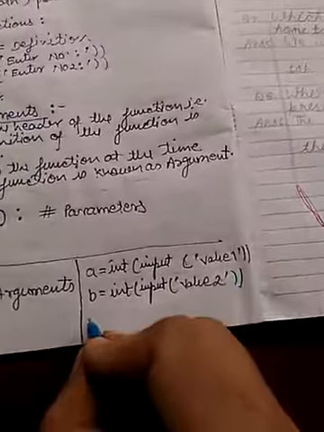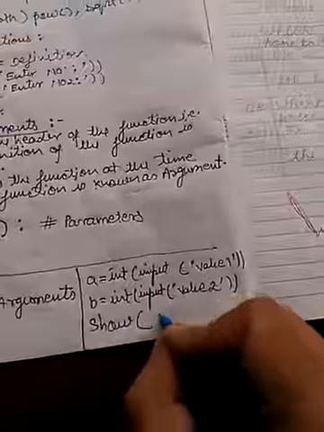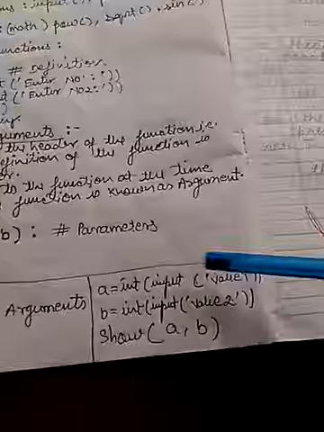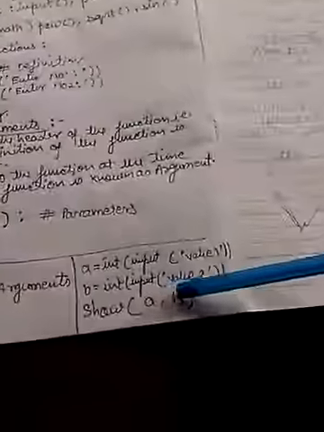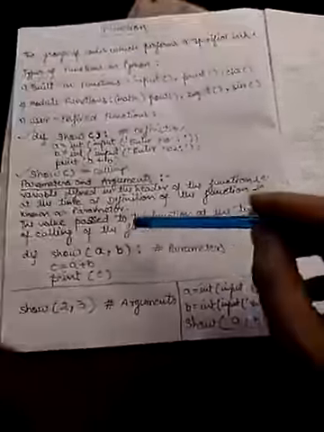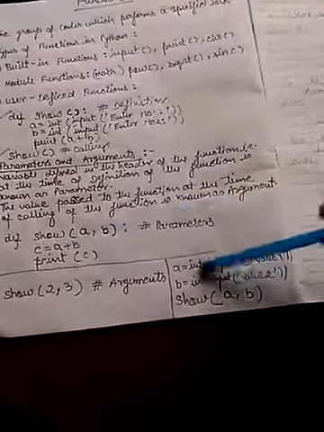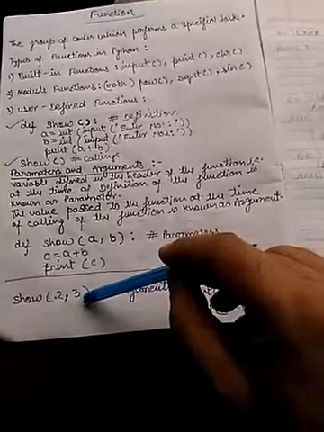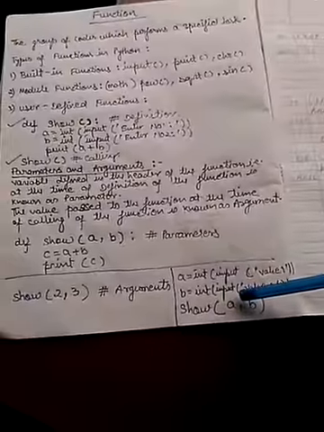Now you simply call the function show and pass A, B. So in this way, here I have directly passed the value, and here I have passed the value to the function show by taking the value from the user. So the actual parameter or the argument could be a value or could be a variable. It depends on the requirement of the question.